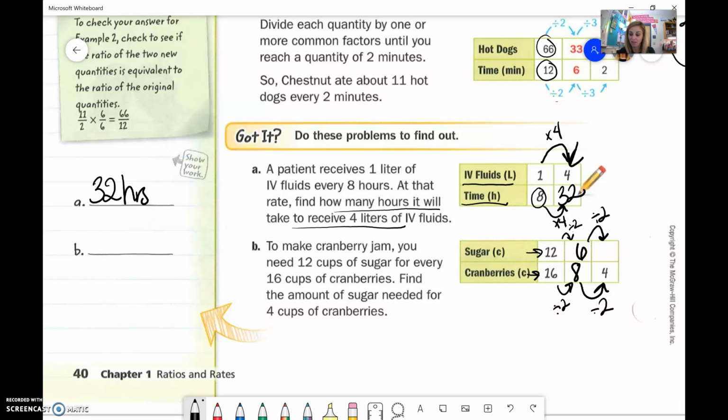If I divide 8 by 4, can I do 6 divided by 4 and get an even number? No. So we want to make sure that we're sticking with numbers that are going to give us whole numbers. Okay, 6 divided by 2 is 3. So my answer here is 3 cups.